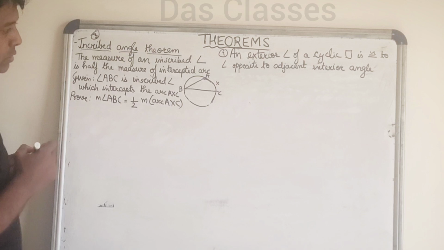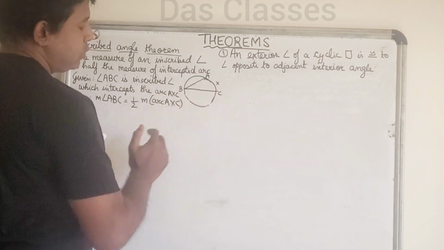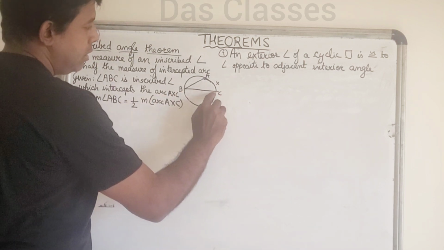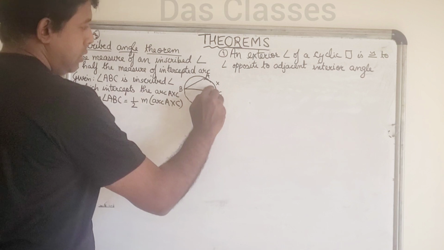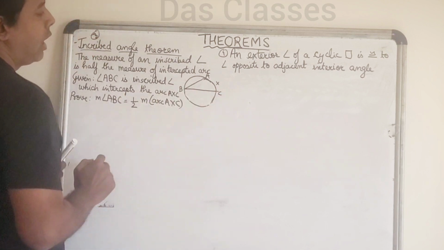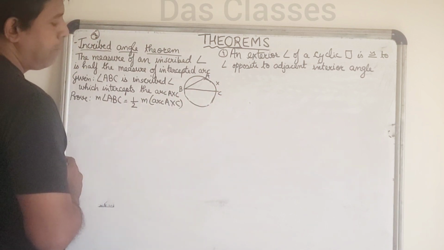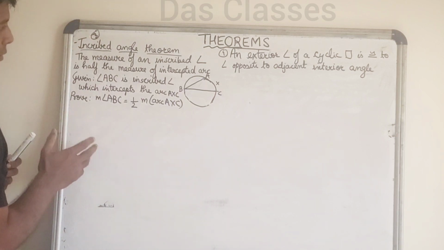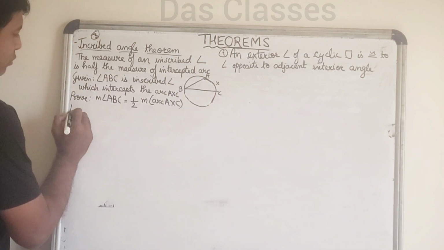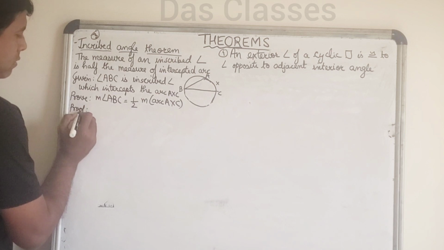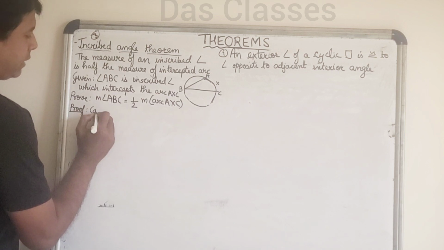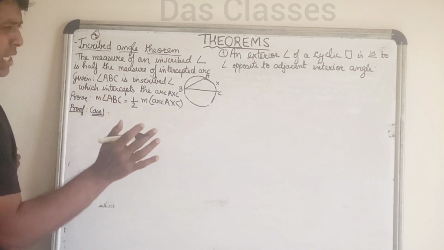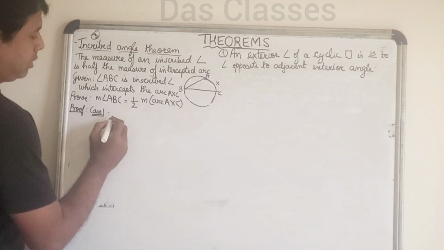Now there are three possibilities: that one of the arms of the inscribed angle is on the diameter, or it is in the minor arc, or in the major arc. So we'll see the basic one, where BC, one of the arms, is on the diameter. So prove case 1, and this will mostly be asked if it's asked in the exam.